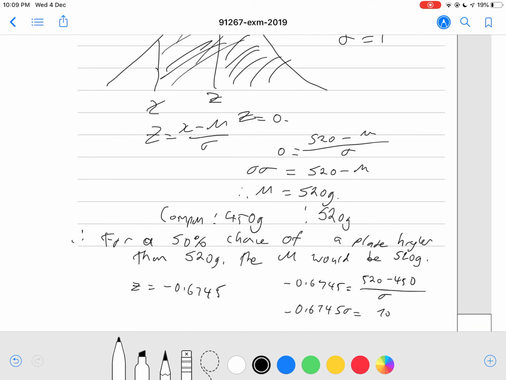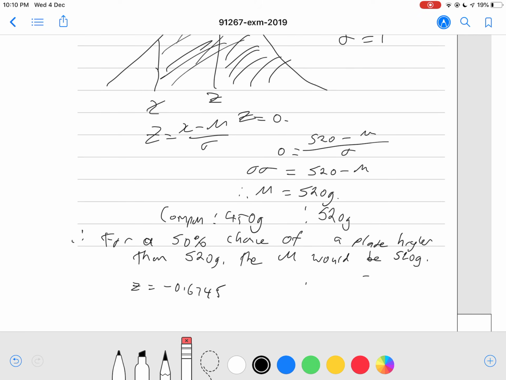This is a very low standard deviation. Maybe it's not possible for the standard deviation to change, because it's not possible for something like this to happen at 450.